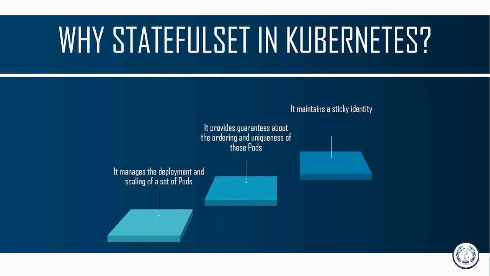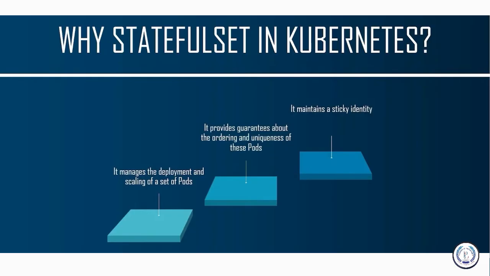Okay. The second reason why StatefulSet is required in Kubernetes is that it provides guarantees about the ordering and uniqueness of these pods. Also, unlike a deployment, a StatefulSet maintains a sticky identity for each of its pods. Replica pods of MySQL, for example, are not identical. These pods are created from the same spec but are not interchangeable.